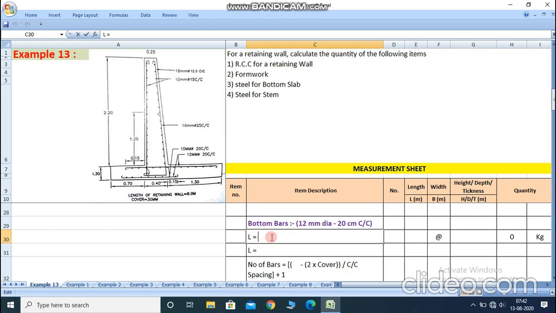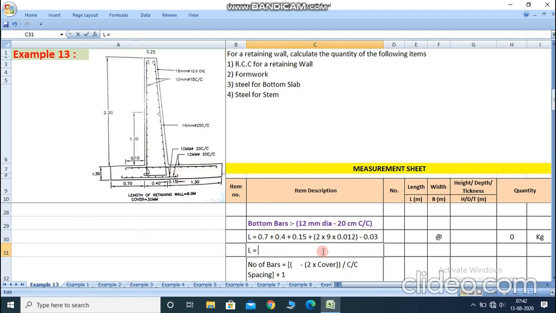So the length of the bar is equal to 0.7 plus 0.4 plus 0.15 plus 2 times 9 into d, where d is the diameter of the bar, 0.012, minus the single side cover; only this side cover is provided, here no cover is required.